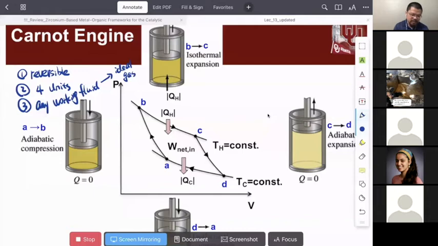We also had a discussion about the calculation of work and heat. So they are very useful to help us to understand what is the efficiency of the Carnot cycle. If you recall, the efficiency is always defined as the desired output, which is the shaft work over here. And the denominator would be the price you have to pay. So here, the price is the input energy from the hot reservoir.